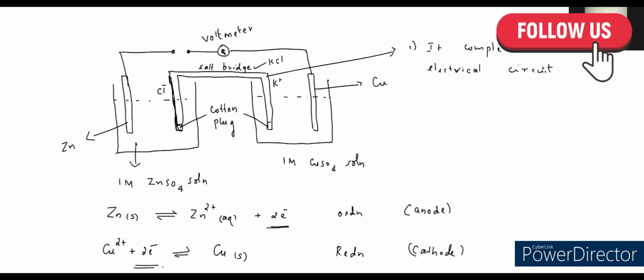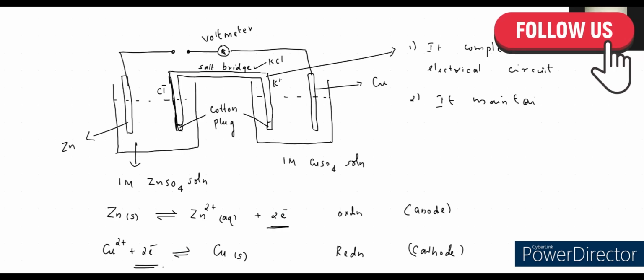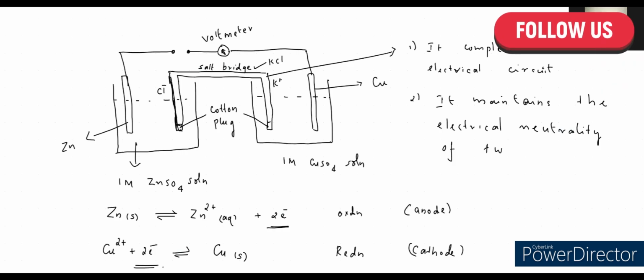Thus, the electrical neutrality of the two half cells is maintained. That is the second function. Salt bridge maintains the electrical neutrality of the two half cell solutions. All right, that's all about the construction of galvanic cell.